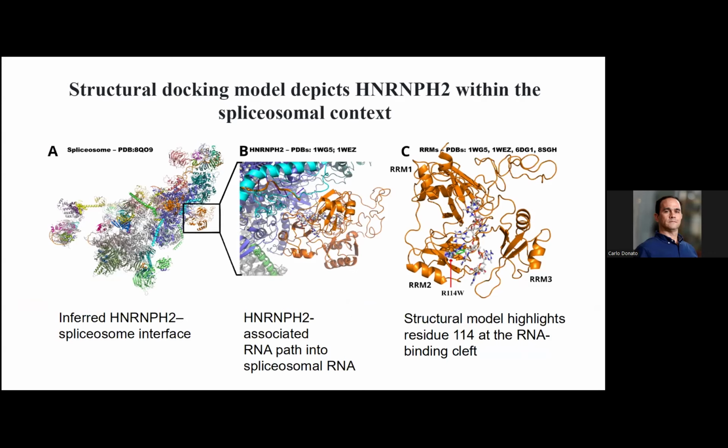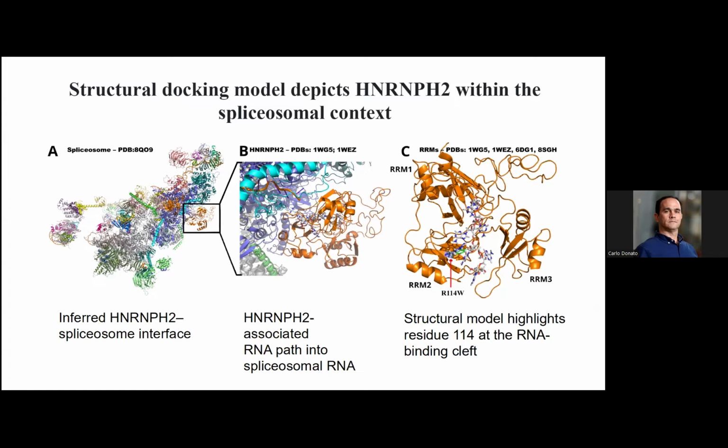Our docking model shows H2 within the spliceosome and highlights residue 114 at an RNA binding site, supporting the idea that the mutation disrupts RNA binding and could cause widespread splicing changes.